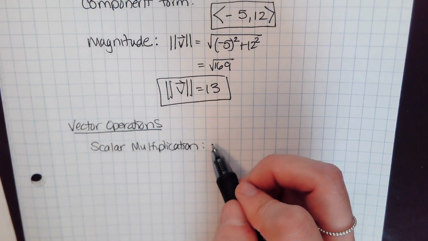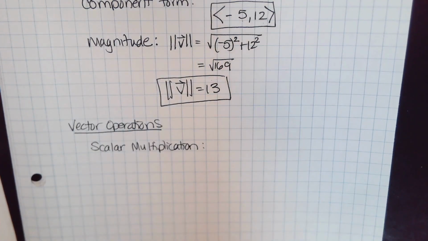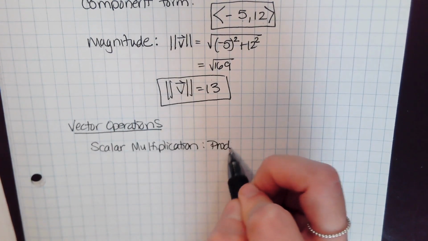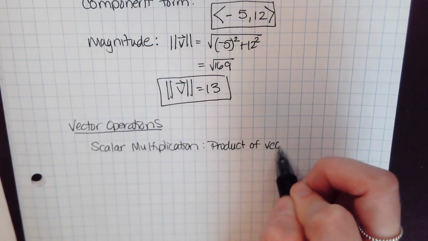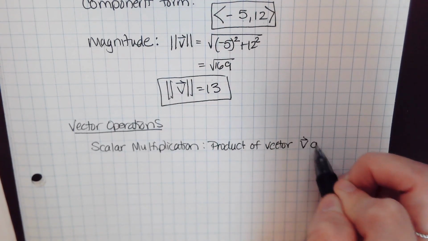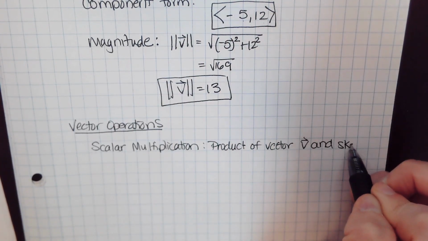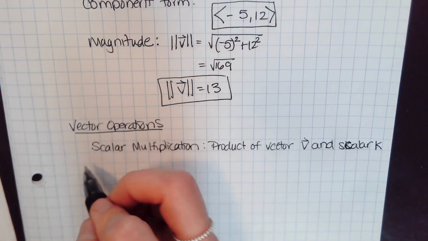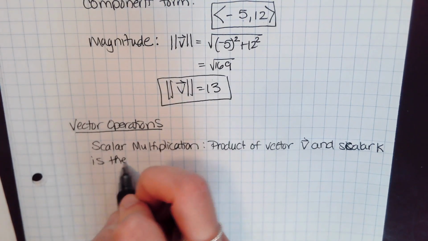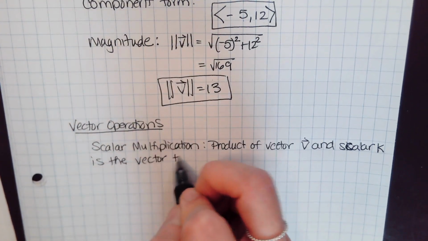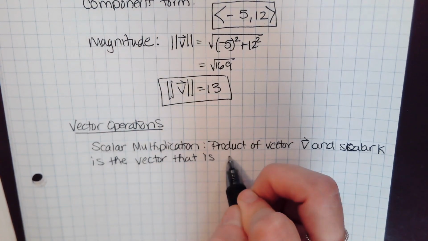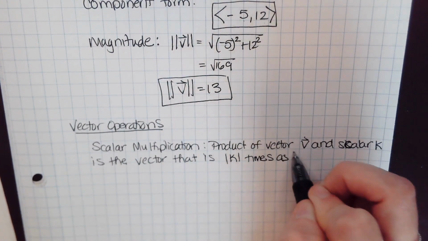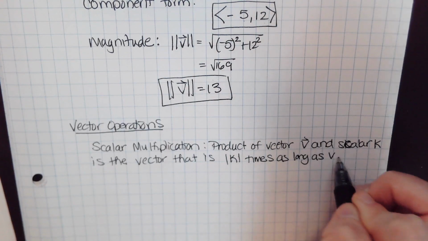So if you want to multiply a vector by a number, you can just distribute it in and multiply it. So the product of vector v and a scalar k is the vector that is k times as long as v.